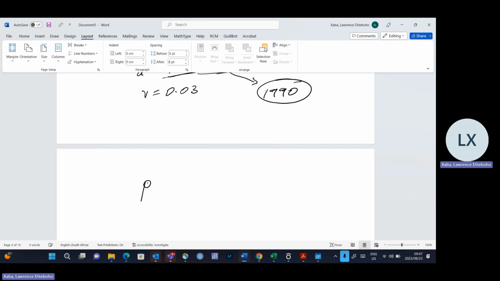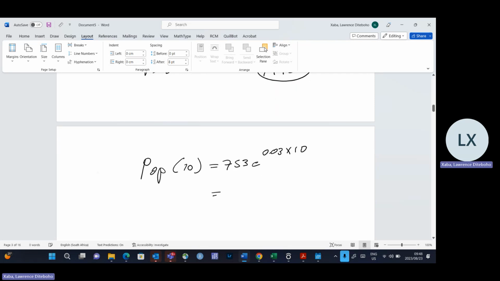So P, pop, open brackets 10, equals 753 e to the power 0.03, so we have T, if you remember, according to our formula, times 10, which is 10 years of 1990. We are moving from 1980 to 1990.